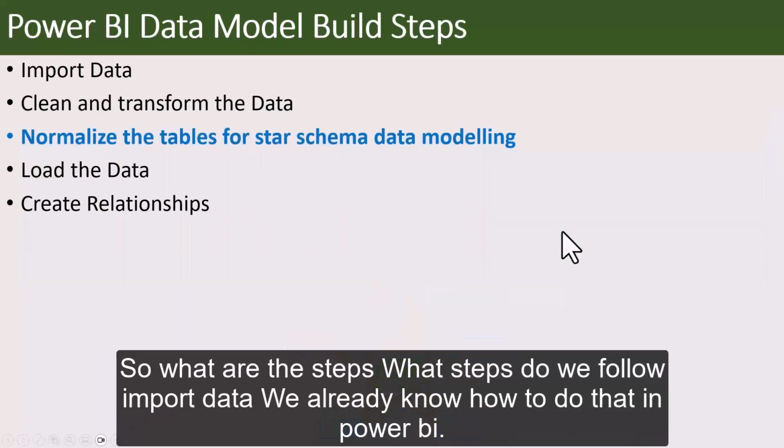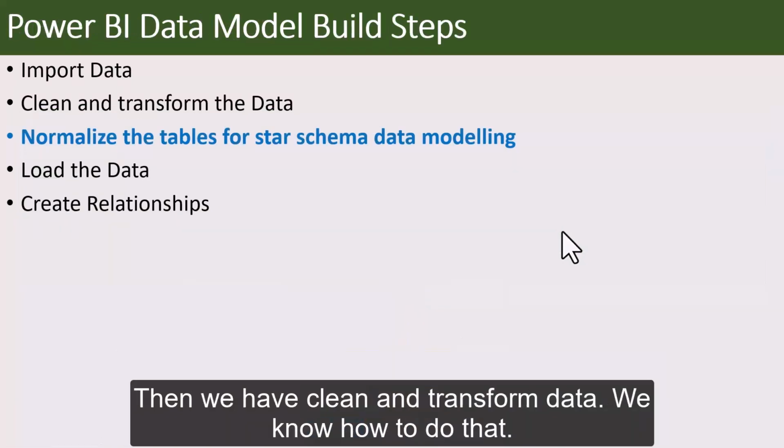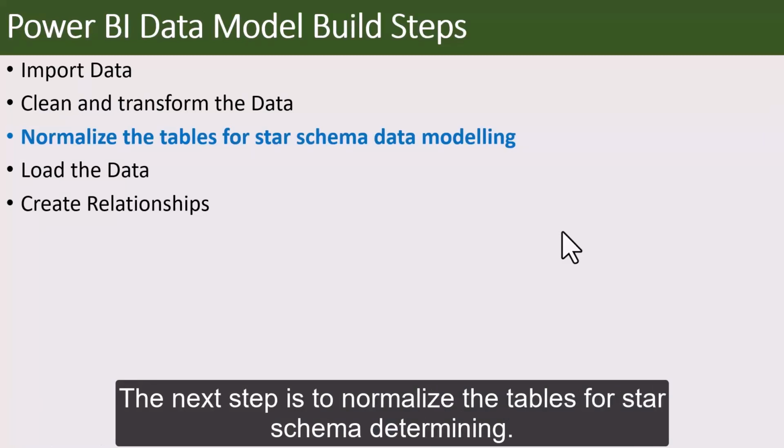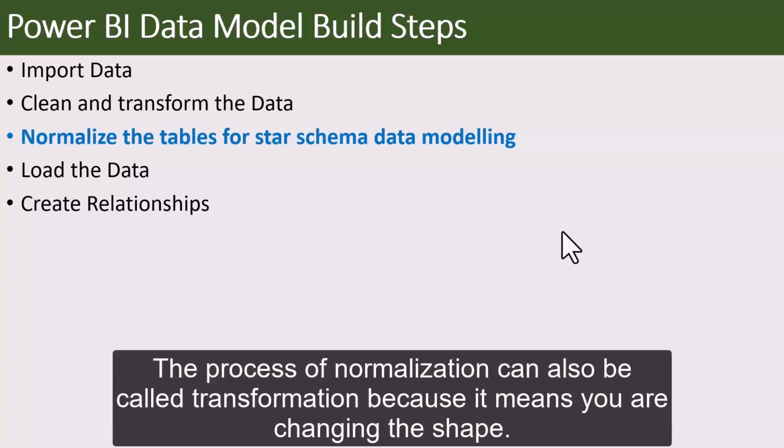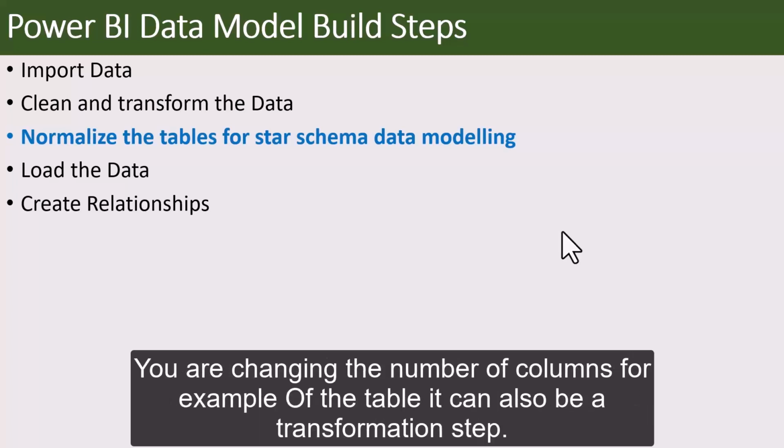So, what are the steps? What steps do we follow? Import data. We already know how to do that in Power BI. Then we clean and transform the data. We know how to do that. The next step is to normalize the tables for star schema data modeling. The process of normalization can also be called transformation, because it means you are changing the shape, for example the number of columns of the table.